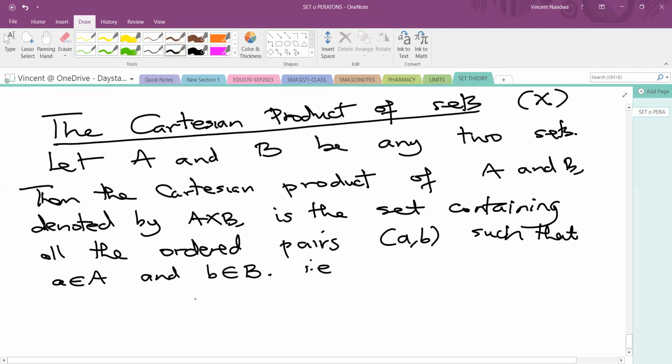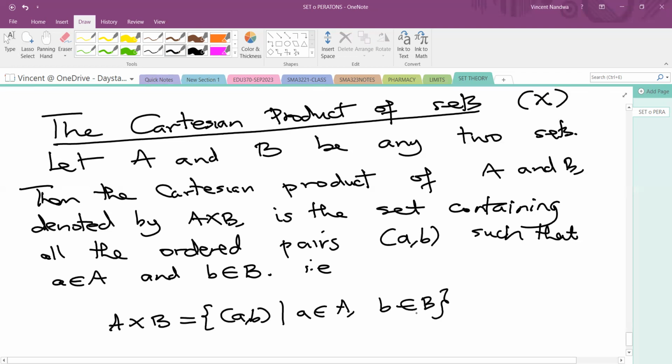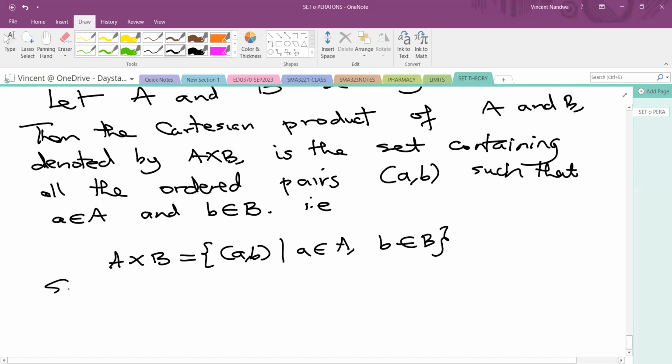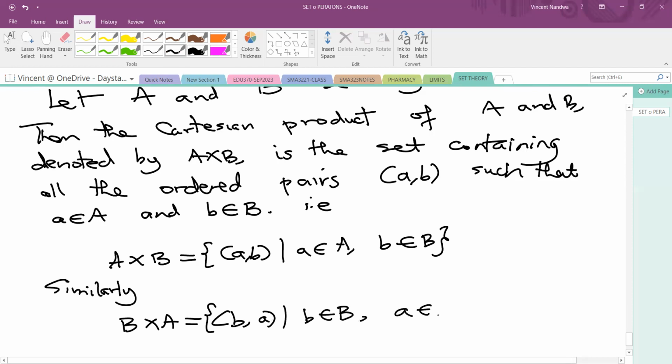So you can write this as A cross B, the set of all ordered pairs (a, b) such that a is in A and b is in B. Similarly, B cross A, or the Cartesian product of B and A, will be the ordered pairs (b, a) such that b is from B and a is from A.